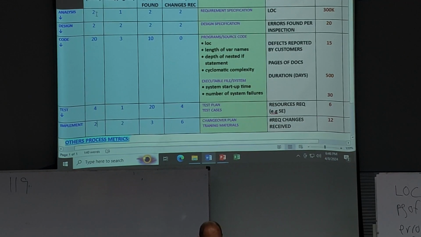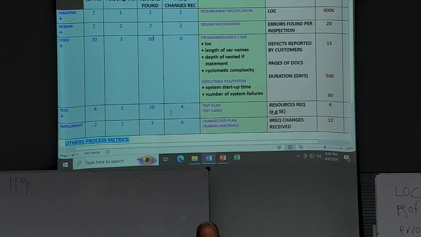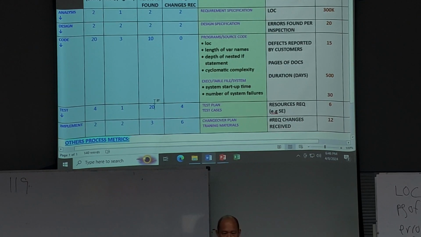Resources needed: 1 resource to do analysis, 2 to do design, 3 for coding, 1 for testing, 2 for implementation. Errors found during the analysis phase is 2, 2 errors found during design, 10 errors found during coding, 20 errors found during testing, and so on.